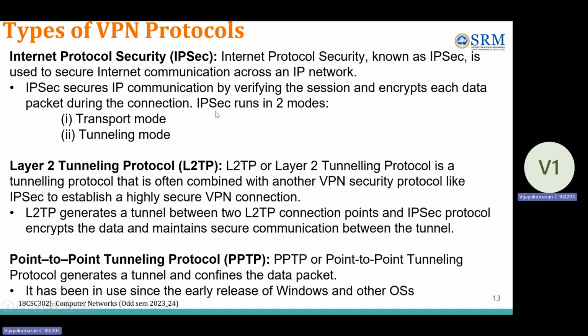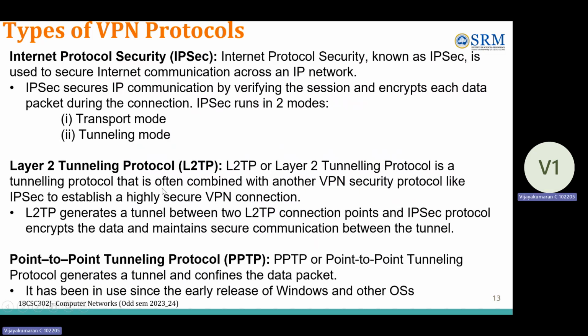So it runs in two modes: transport mode and tunneling mode. When you study the details of the IPsec, you can go through the transport mode and the tunneling mode details. Then layer 2 tunneling protocol is again a subdivision of this IPsec. So this L2TP generates a tunnel between the two L2TP clients or the connections using this IPsec protocol.